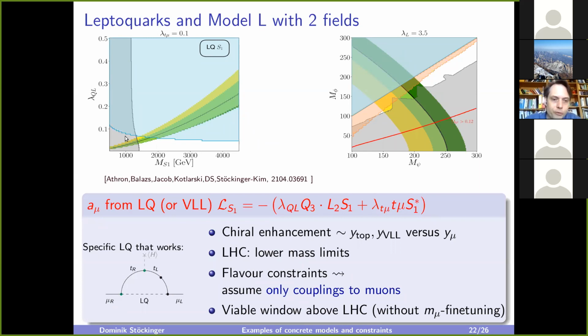And here you see the resulting plot. You explain g-2 in the green region, and the gray vertical band is excluded by LHC, because LHC constraints on Leptoquarks are strong, since Leptoquarks are strongly interacting. So the LHC limit is around 1.3 TeV, but above this value, you can nicely explain g-2.